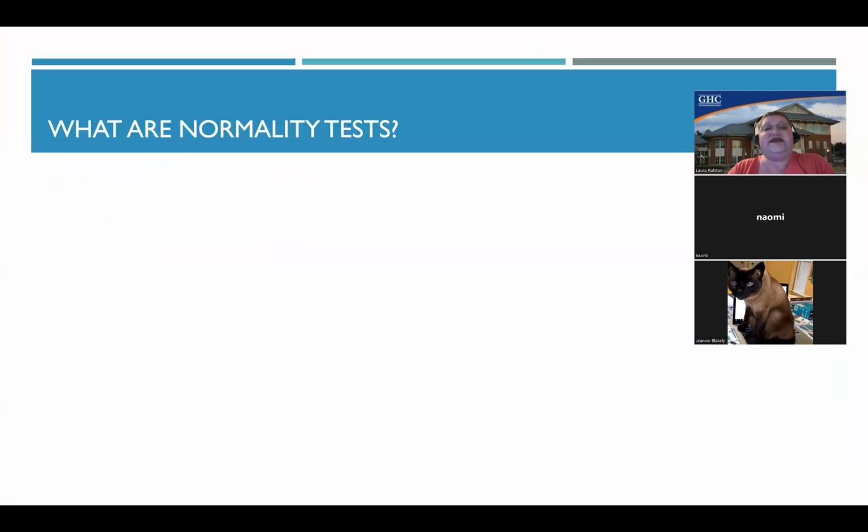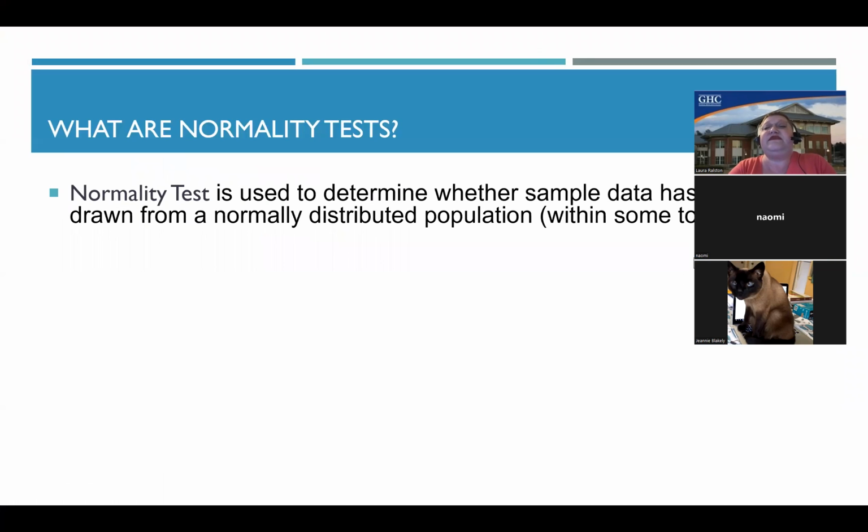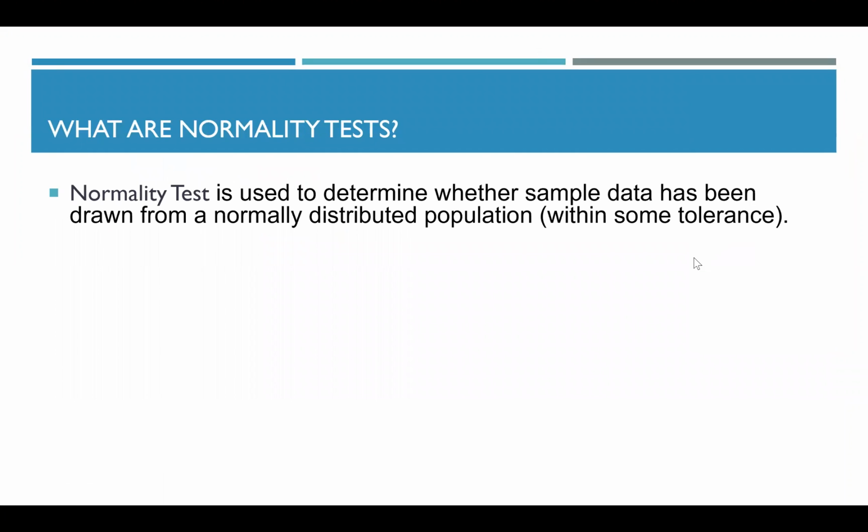So a normality test, let me get this out of the way, is used to determine whether our sample data has been drawn from a normally distributed population within some tolerance. I mean, we can't be 100% totally confident that we have a normal distribution, so there is some tolerance.